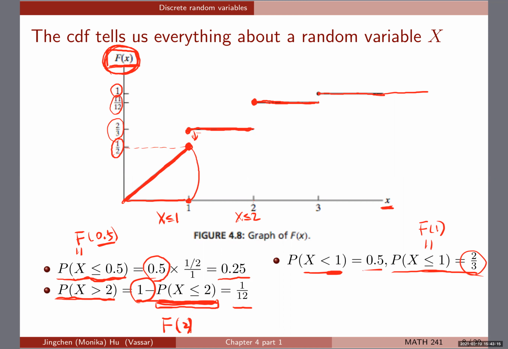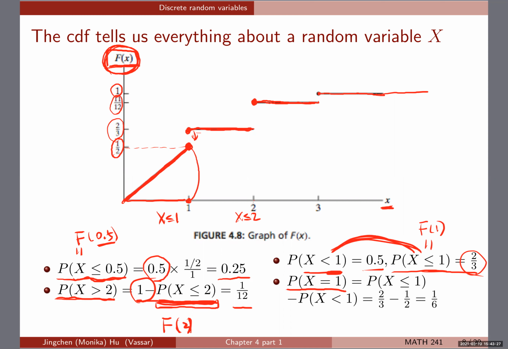So that's why it's 1/2 or 0.5 over there. And lastly, keep that in mind: if I want to know the probability of X equals 1, it is the difference between the two. It is the probability of X smaller than or equal to 1 minus the probability of X smaller than 1. I take the difference of these two, and I get 1/6.